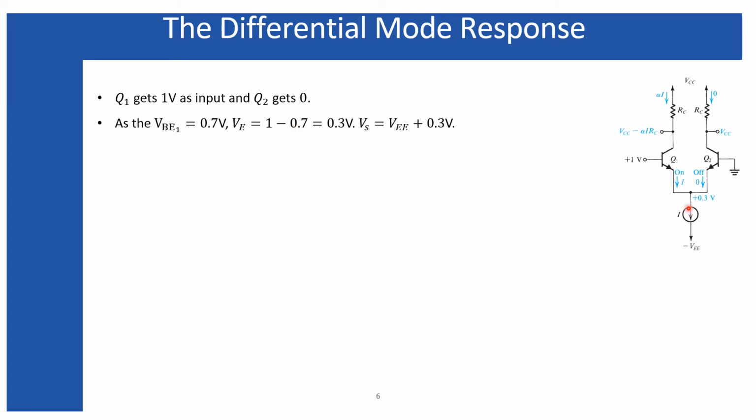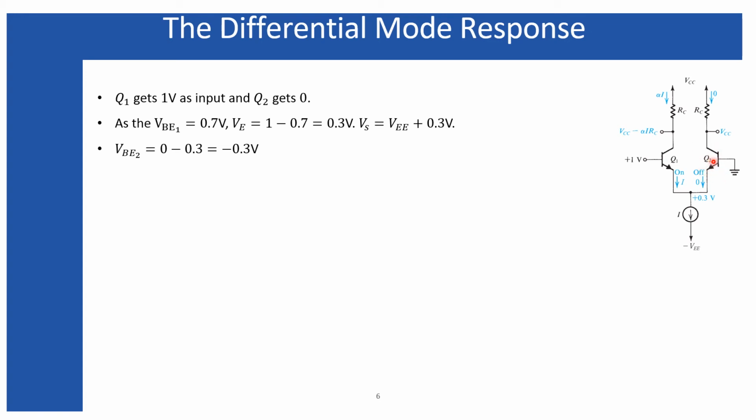volt. So 0.3 volt is appearing across the emitter terminal, and across the current source it is VEE plus 0.3 volt, as I already derived in my last slide. Now, what is the base emitter voltage of this transistor Q2? Since it is grounded and the emitter is at 0.3 volt, 0 minus 0.3 is minus 0.3, which is less than the 0.7 volt required to turn on transistor Q2.